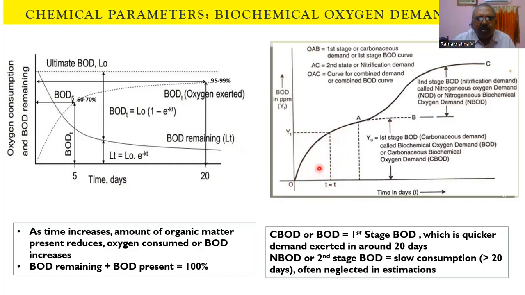How to do that? We'll take up some small problems that will be easily understood. What is important to understand at this stage is that there is a carbonaceous BOD and a nitrogenous BOD. We'll mainly focus on carbonaceous BOD. From the first graph, we understand that at the end of 20 days, most of the oxygen is exerted, around 99%, and a very small amount of BOD remains.